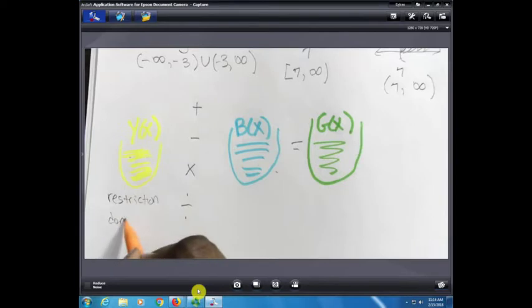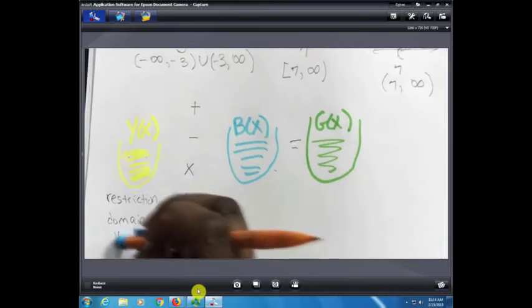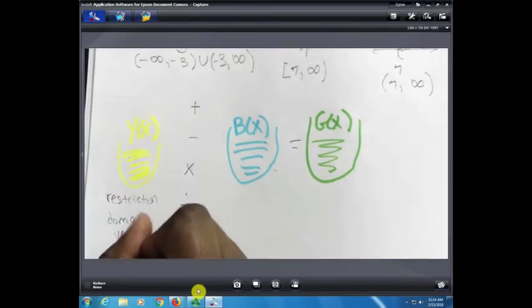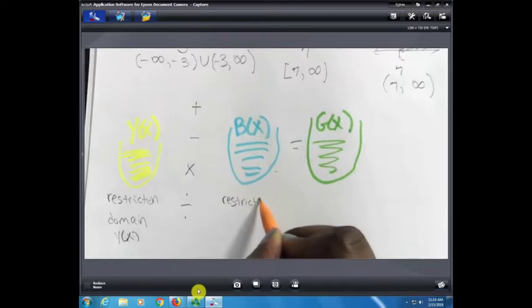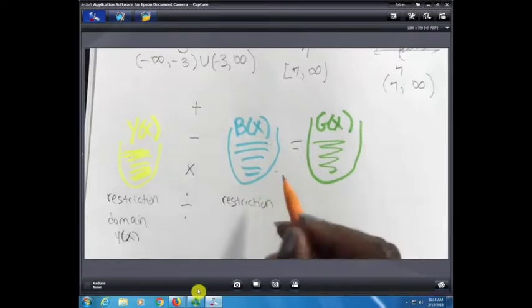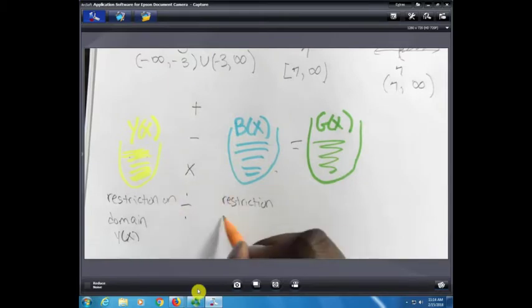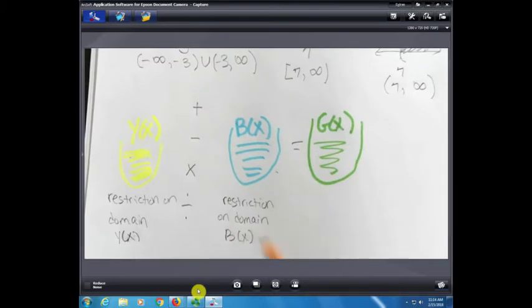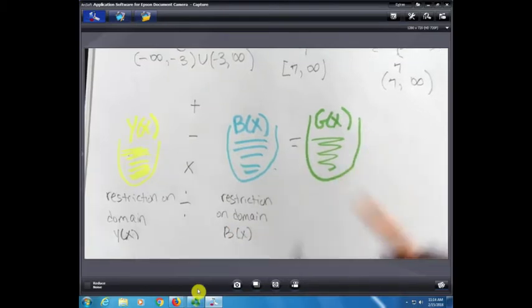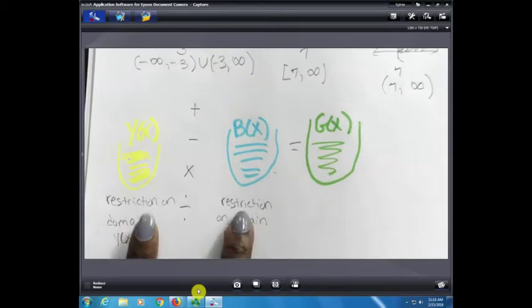So I have a restriction on domain for y, which is this yellow function. This one has a restriction on domain of this blue b of x function. The g of x function would be a combination of these.